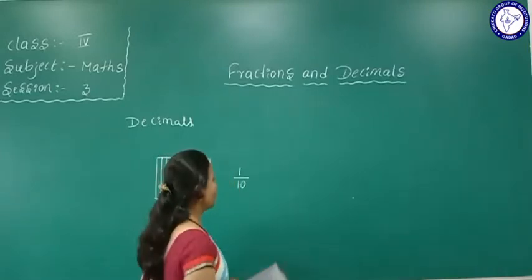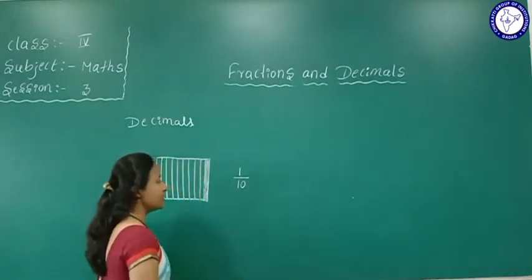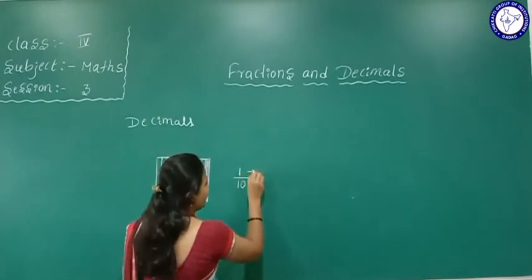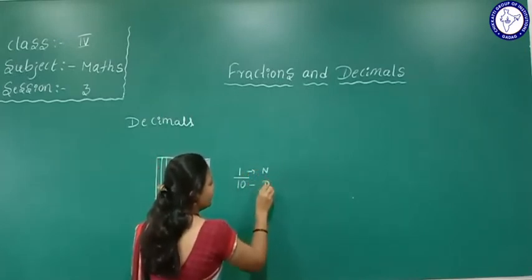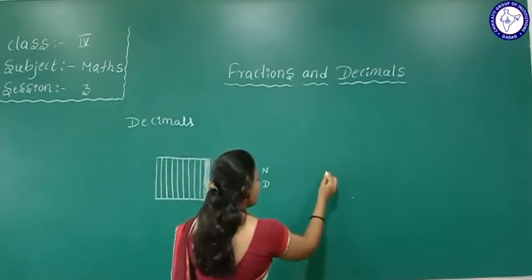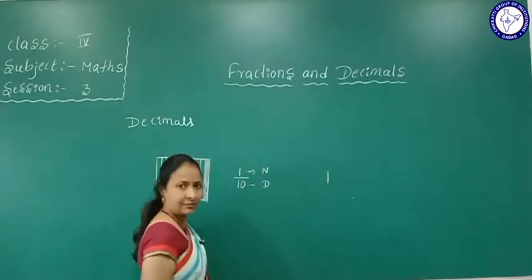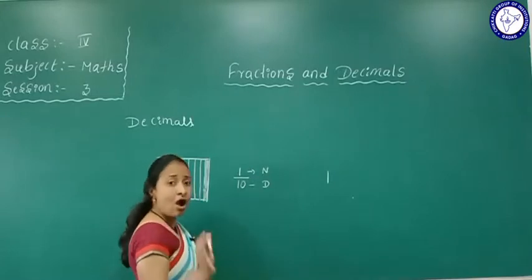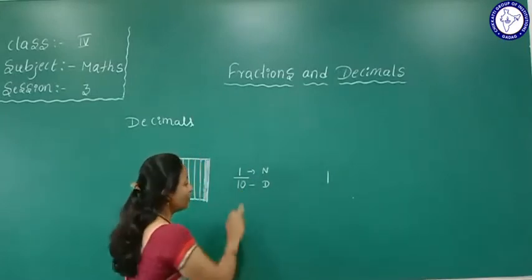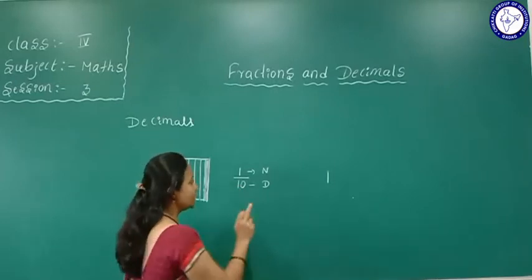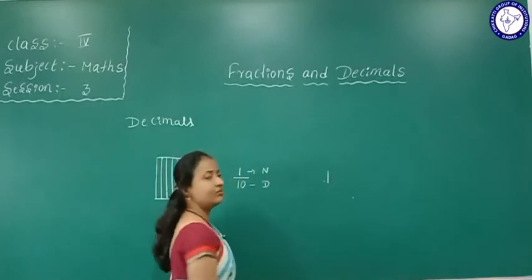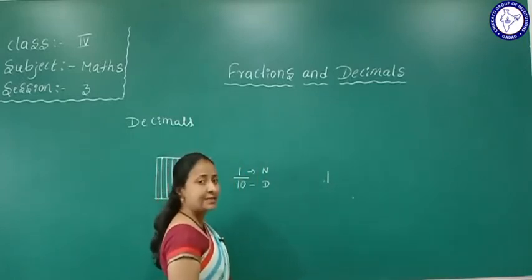See here students, first we write the numerator. Then we see how many zeros are there. How many zeros are there here? 1 zero. It means we give a point after one digit. This point we call the decimal point.